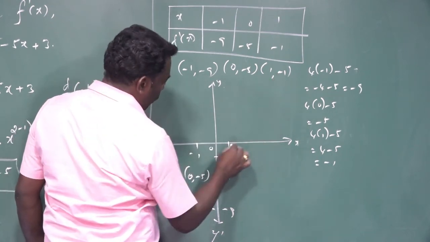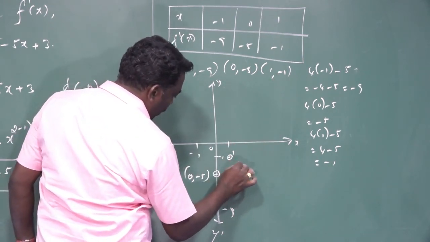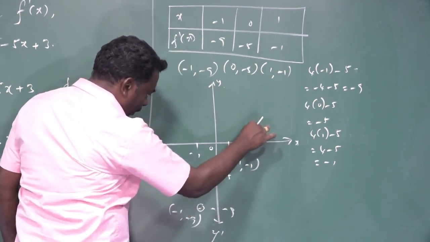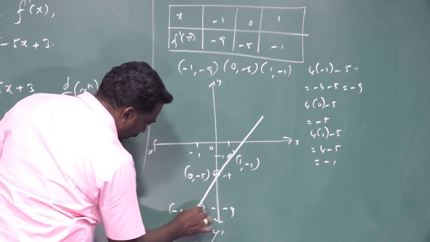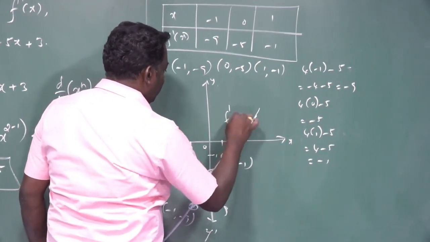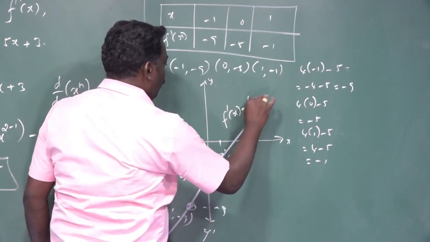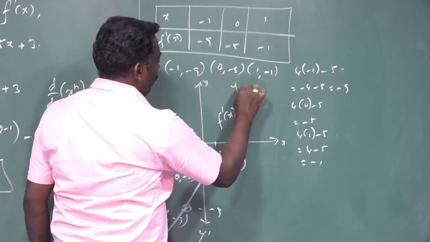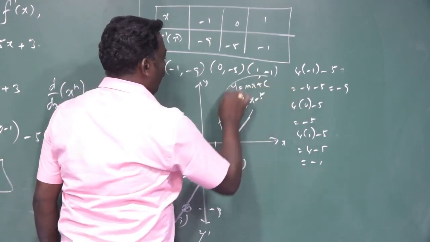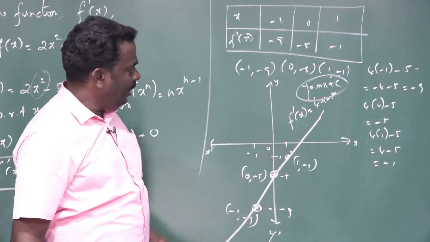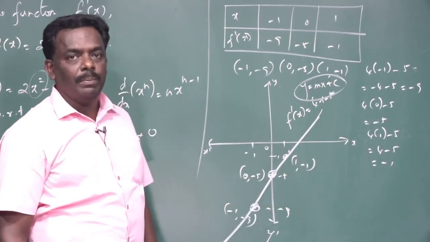Joining these three points, we obtain a straight line, and this line is defined by f dash of x equal to 4x minus 5. It is a straight line of the form y equal to mx plus c. The first derivative gives a straight line, 4x minus 5.